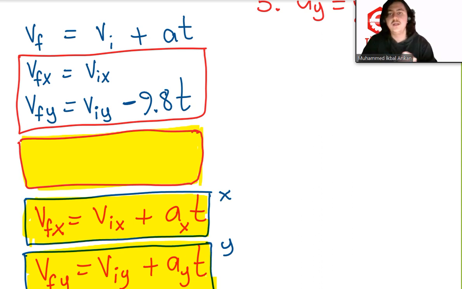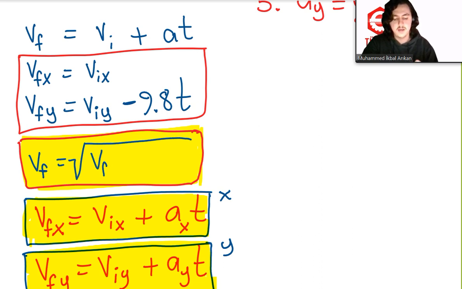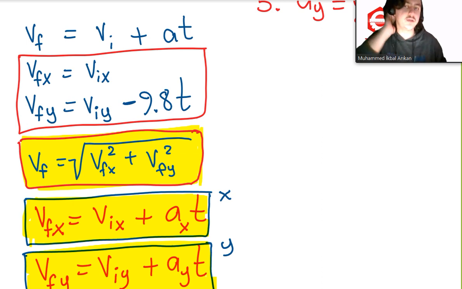So when you calculate the final velocity in x and y, you can calculate the resultant one. The resultant will be calculated by this formula, the square root of vfx squared plus vfy squared. As you know, this is coming from the hypotenuse and the Pythagorean theorem.